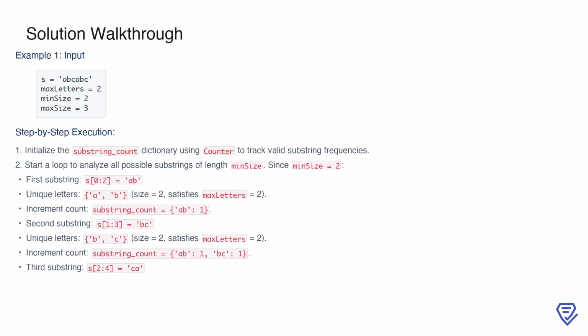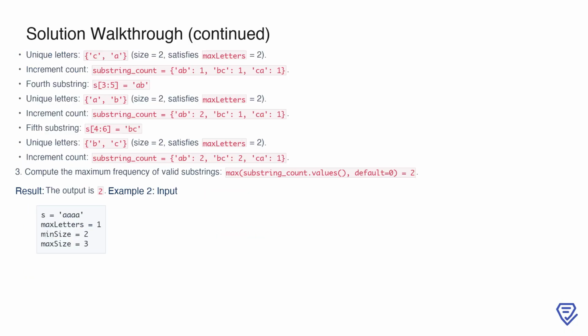We update the dictionary to ab:1, bc:1. Next, we check the substring s[2:4] equals ca. The unique letters are c and a, which total 2 and satisfy the maxLetters condition. We increment its count, and substring_count becomes ab:1, bc:1, ca:1.